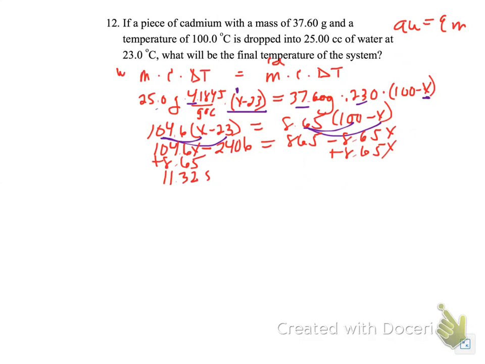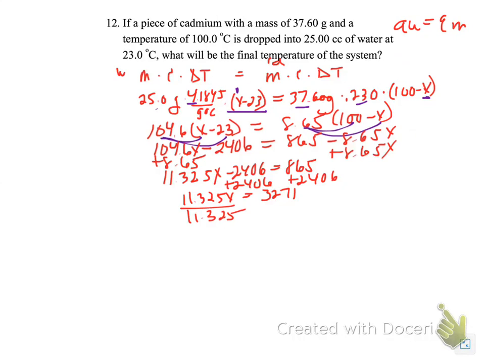When I do that, I get 11.325x minus 2406 is 865. I'm going to add 2406 to both sides. And when I do that, I get 11.325x is 3271. Solve for x, I divide both sides by 11.325, and I get x is equal to 28.9 degrees C.